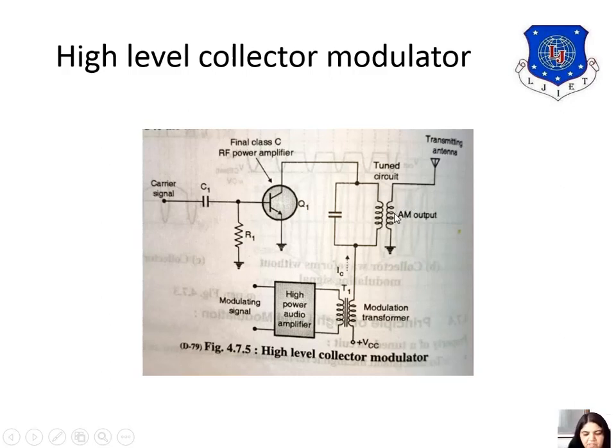So the amplitude of the collector current pulses varies in accordance with the modulating signal, and the AM wave is produced by the tuned circuit. Here the tuned circuit plays a big role in getting the modulation. We can also say that 100% modulation is not possible using this circuit.